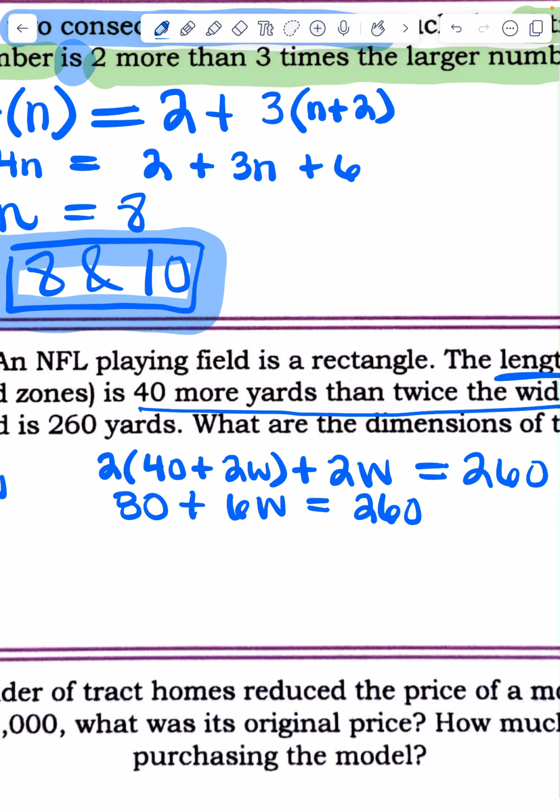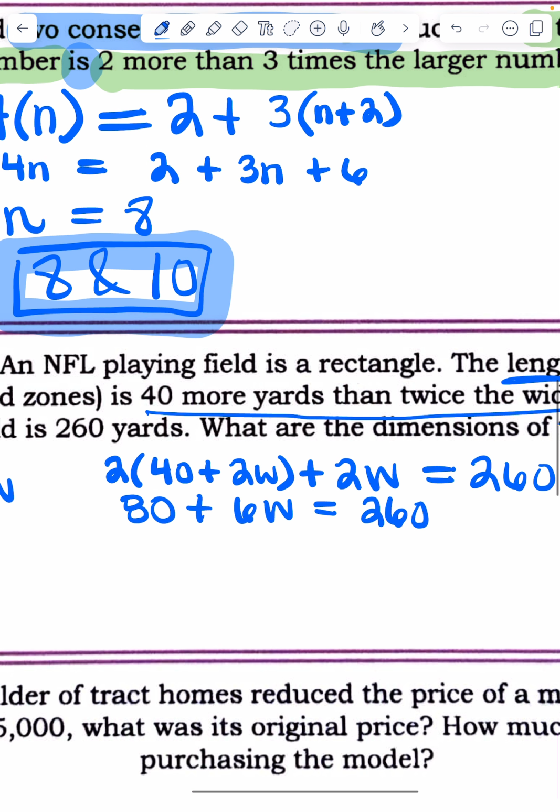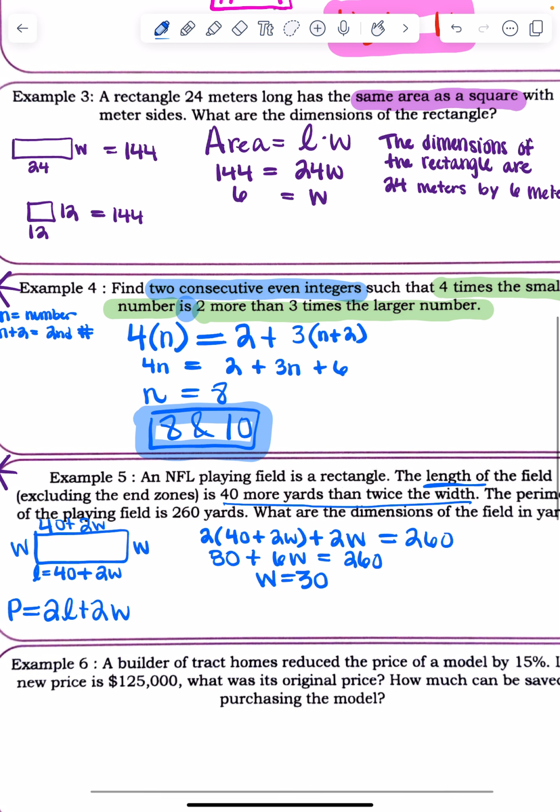Oh, my pen didn't want to work. w equals 30. Cool, all right, awesome. Hopefully you got that. And if you didn't, just think, okay, maybe you did twice the length, maybe you forgot to add the width on the end of it as well, or maybe you just didn't think of perimeter and you just did area. So a couple of small mistakes you can make.